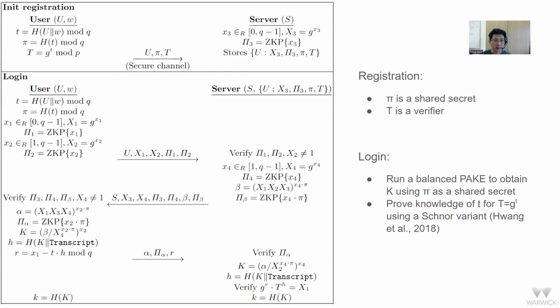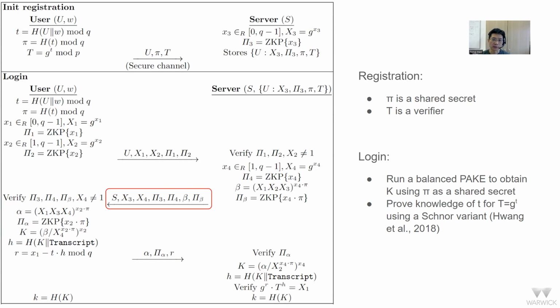The next phase is login. So the user sends two public keys together with zero-knowledge proofs to the server. This is exactly the same as in JPAKE. In the second flow, the server sends some public keys and zero-knowledge proofs back to the user.